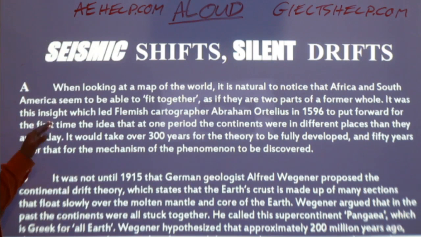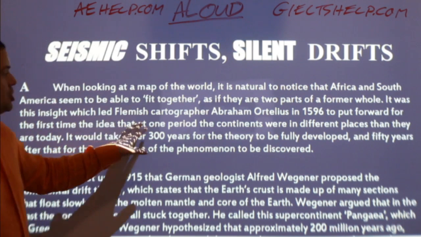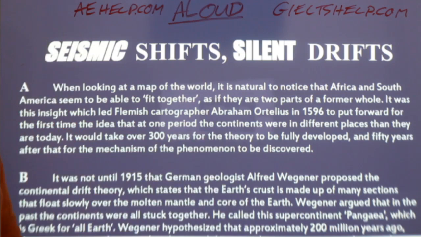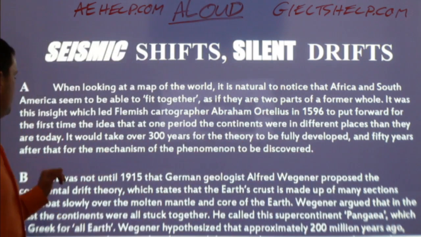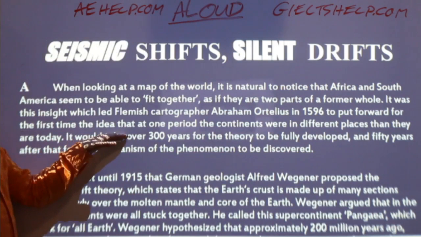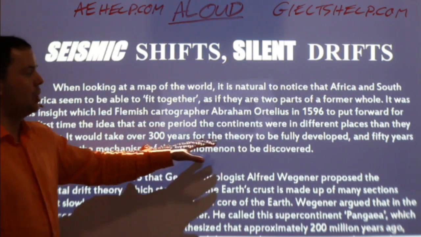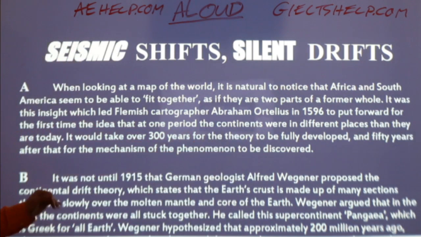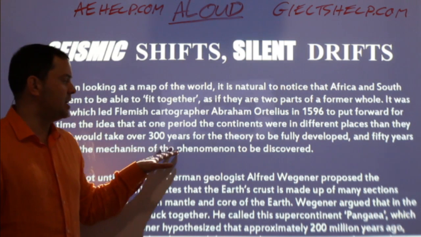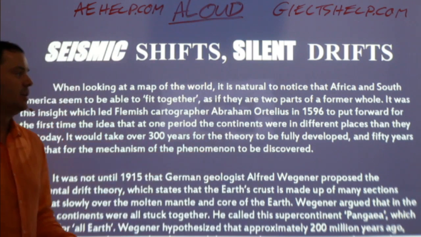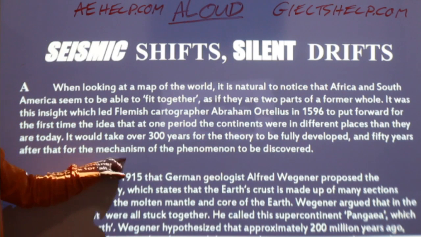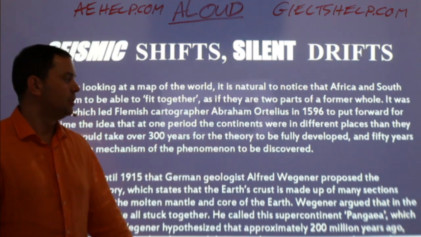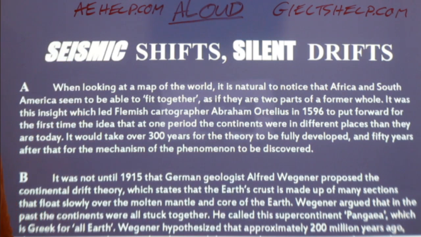It was this insight which led Flemish cartographer Abraham Ortelius in 1596 to put forward for the first time the idea that at one period the continents were in different places than they are today. It would take over 300 years for the theory to be fully developed, and 50 years after that for the mechanism of the phenomenon to be discovered.